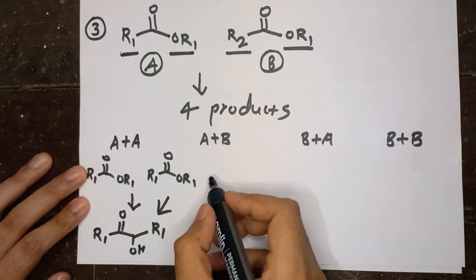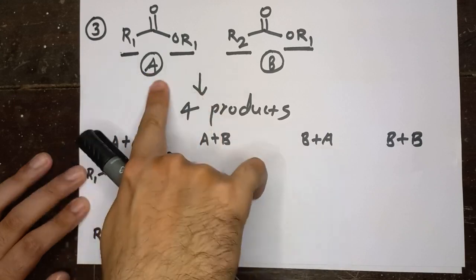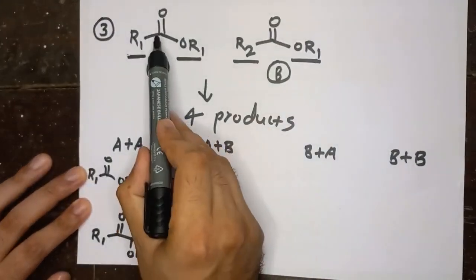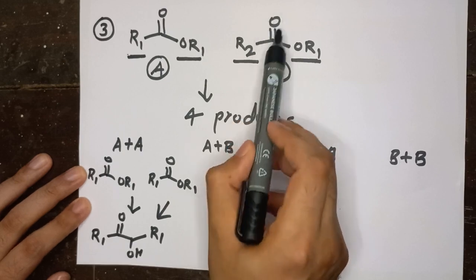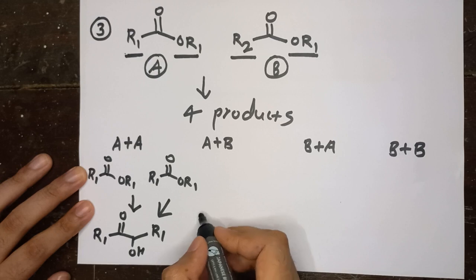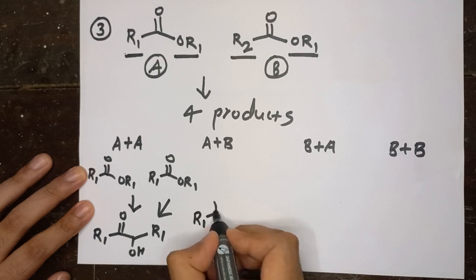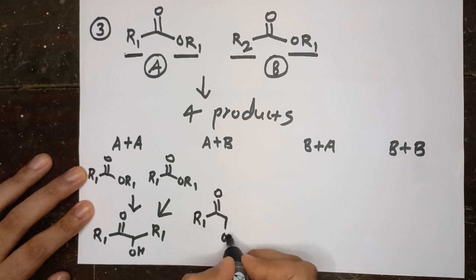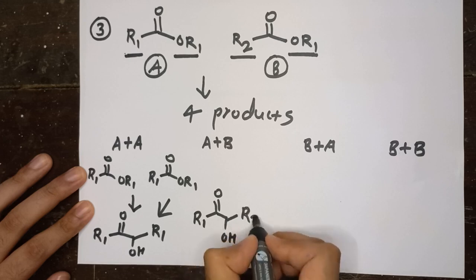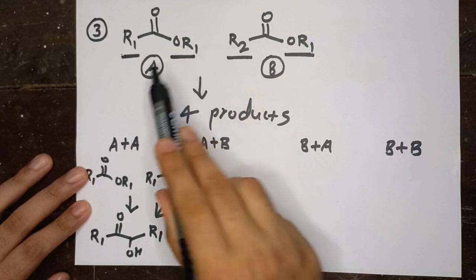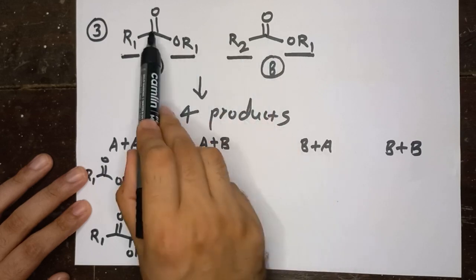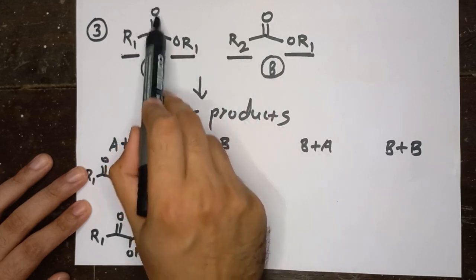Similarly, if I want to join A with B, this will be connected to this and this will get converted into OH. So the product will be this, my second product. And the third case is B connects to A. So this will attack here and this will convert into OH.